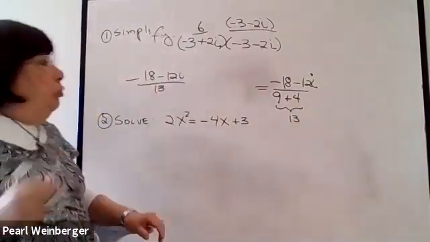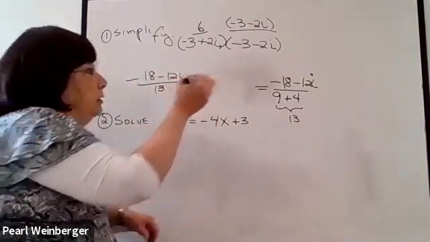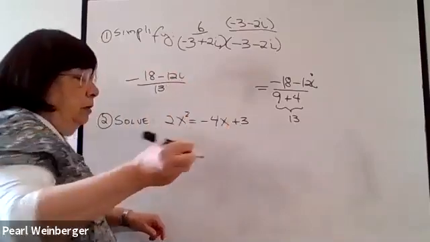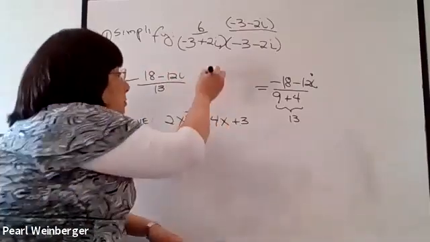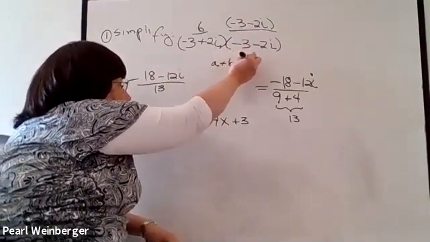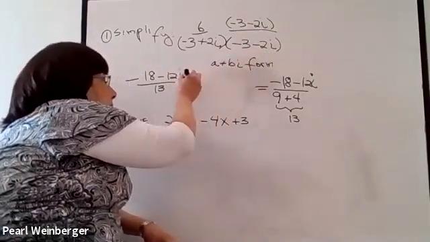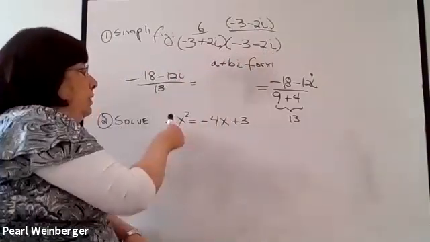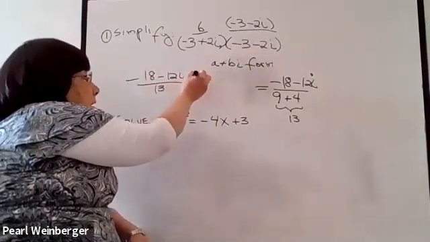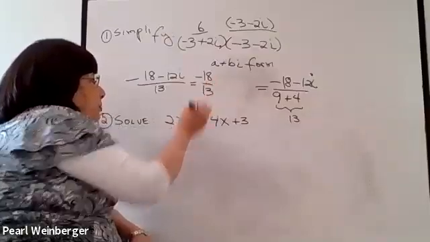Or if you're told to give it in what's called a plus bi form, then that means what they want you to do is to separate it and put each number from the numerator over the denominator 13.